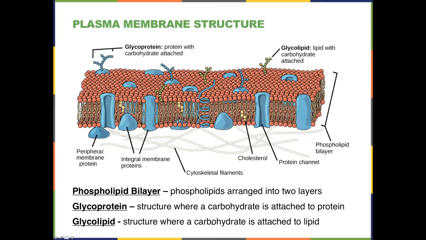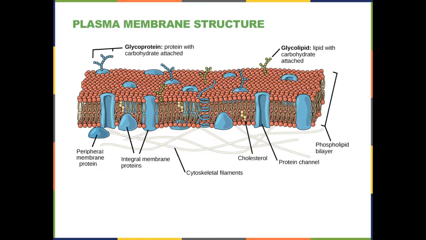A glycolipid is just where a carbohydrate is attached to a lipid. But you can see that these can, in many ways, allow for the passage of molecules that would not normally pass through this membrane. So with that introduction to the membrane structure, let's take a look at some ways in which the molecules can pass through.